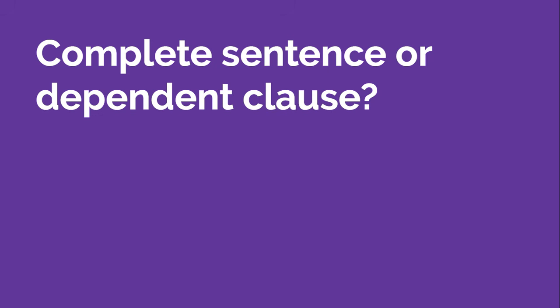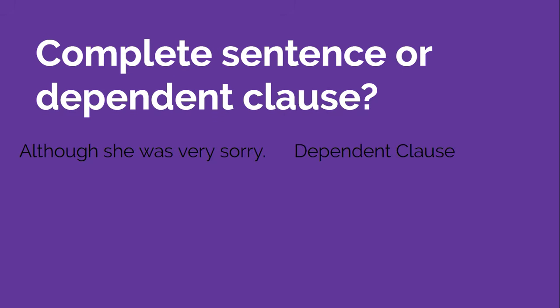Now, let's try some examples to see if we can tell if these are dependent clauses or complete sentences. Let's look at the first example. Although she was very sorry. Is that a complete sentence or a dependent clause? I hope you said dependent clause. Let's take a look at the next one. She smiled when she finished the job. Is this a complete sentence or a dependent clause?